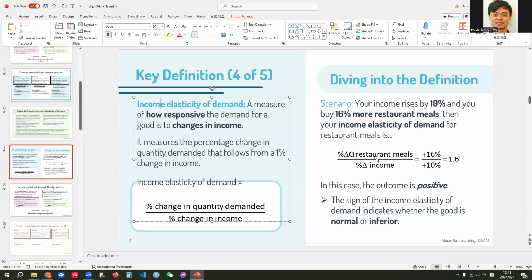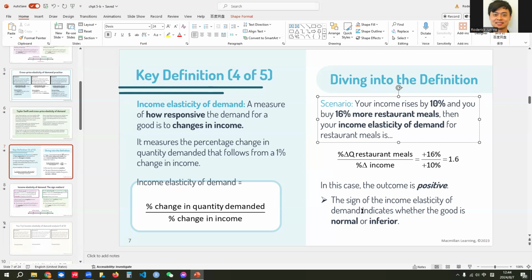So the trigger is income, the cause is income, and the consequence is demand, right? So this relates us back to the previous division of our products in response to income into normal or inferior goods. So in this example, if your income rises by 10% and you buy 16% more restaurant meals, then your income elasticity is, again, consequence 16%, cause 10%. So the quotient is 1.6, and it is positive. That is to say, your income increases and you want to consume more restaurant meals, right?